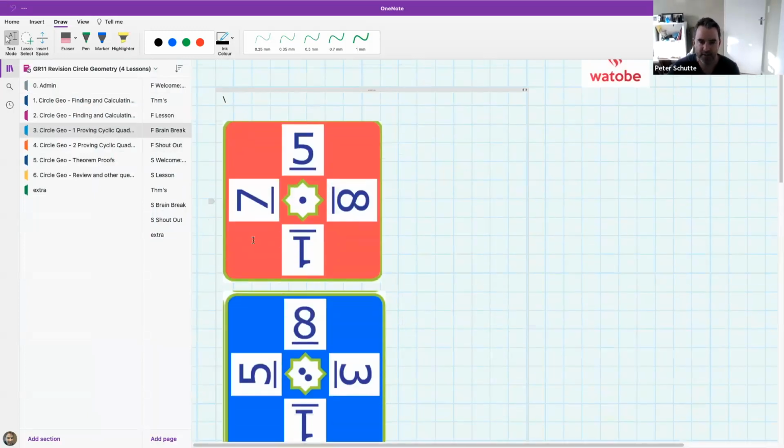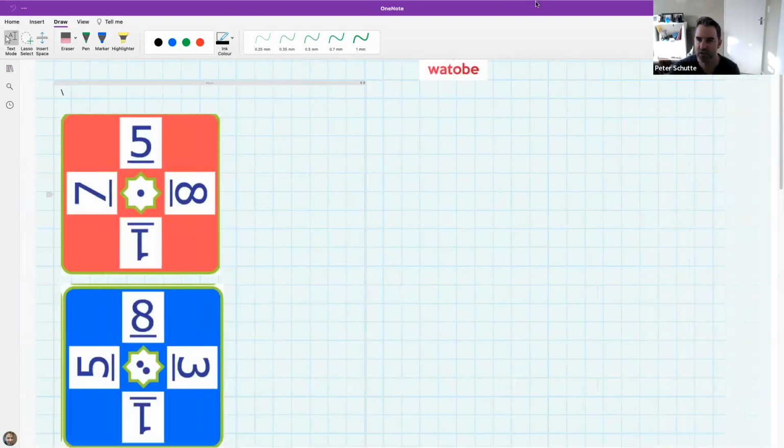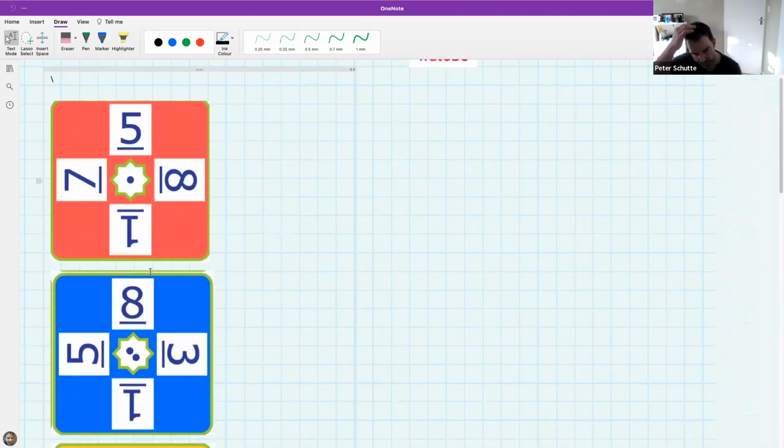Let's just do a little Maths 24 just to indulge ourselves. So the way Maths 24 works for those who are new is that you try and make 24 with all the numbers on the card. You must use each number and only use it once to see if you can do it.